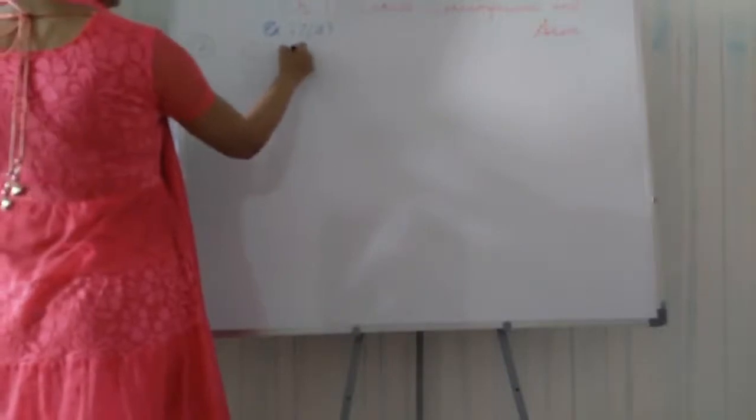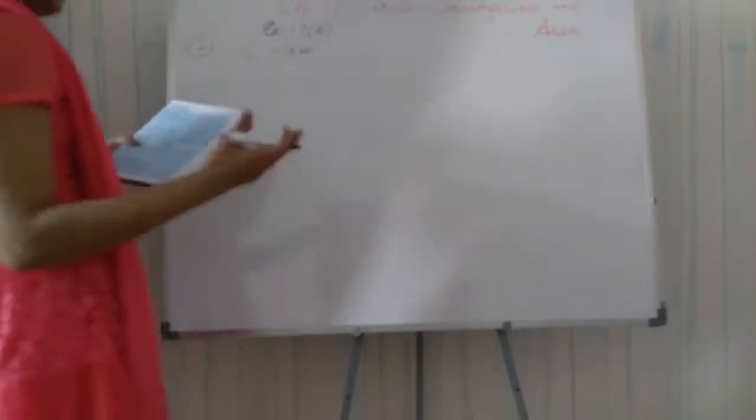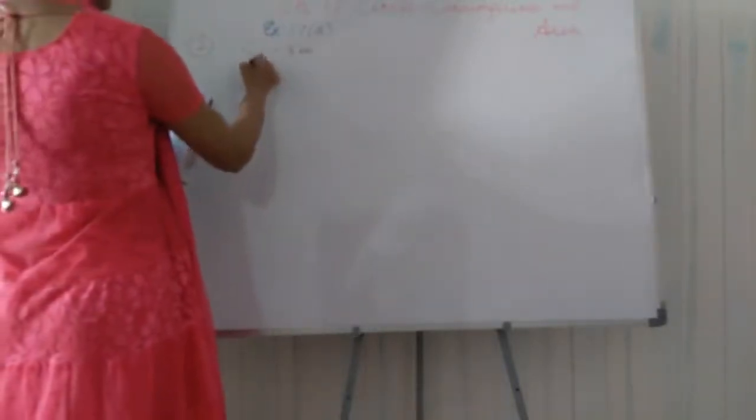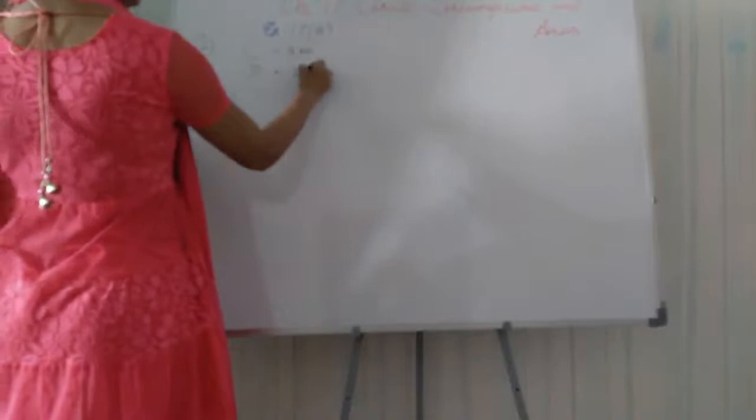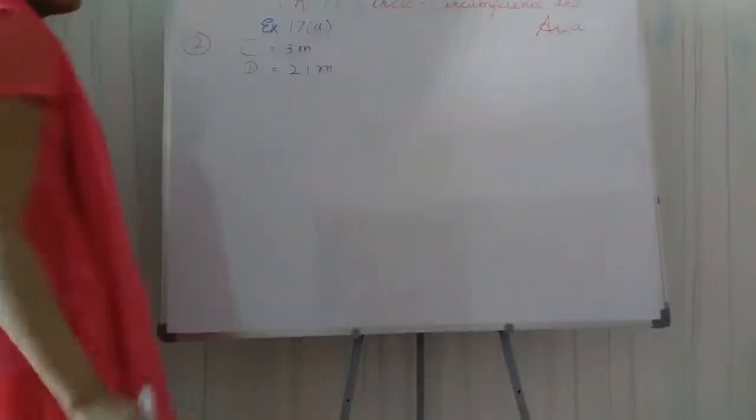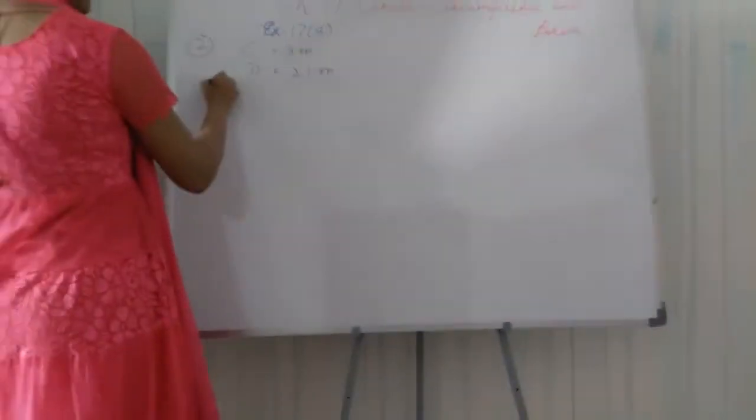Exercise 17a, question number 12. A garden roller has a circumference of 3 meter. So here the roller circumference is given as 3 meters. How many revolutions does it make in moving a distance? So the distance d is given to you, 21 meters. So we want to find the number of revolutions.